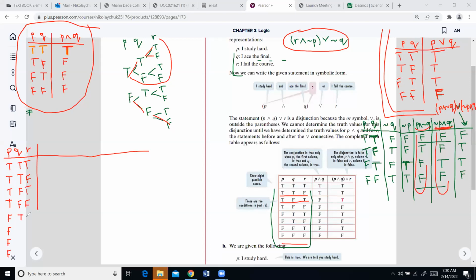And then the same thing once again: TT, TF, FT, and FF. So that's the way these tables should be produced, with three statements. And then when I'm looking at these statements, it looks like I need to have not P, not Q. So let me prepare this, not P.